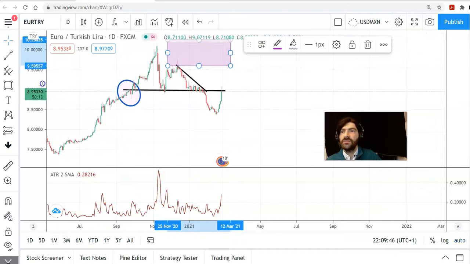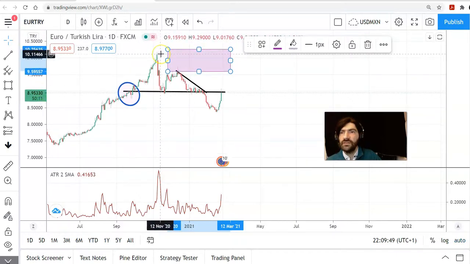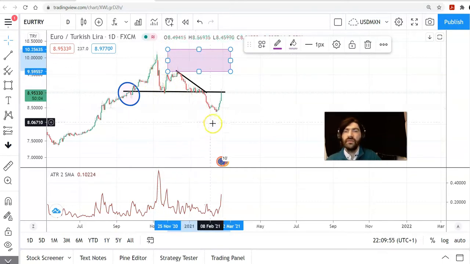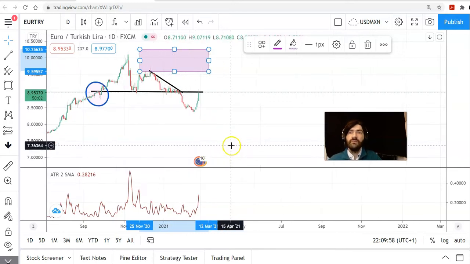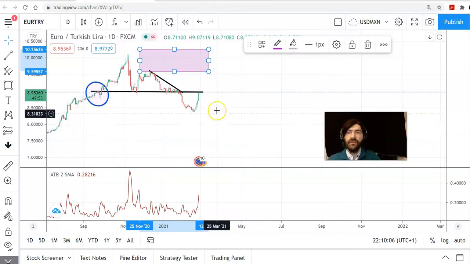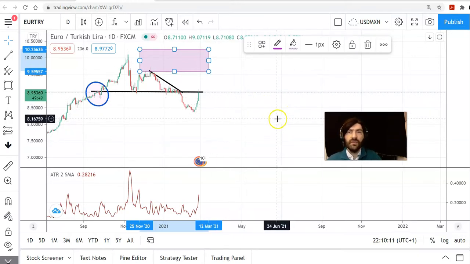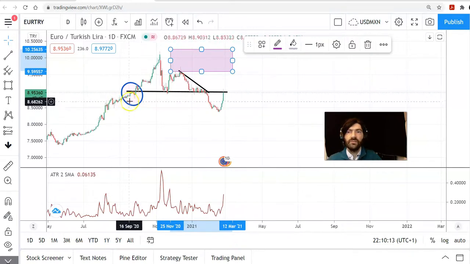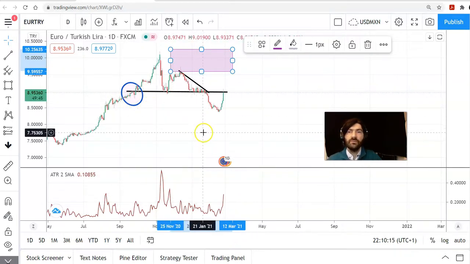That would take us essentially to beyond this high of November, and so we would aim for something like 1025 as our target. Remember that buying EURTRY pairs is very expensive, therefore it's not something to just hold on to if you're a day trader and are not sure that you're going to make a significant return in a fairly short space of time, because there are periods of chop and every day your rollover is negative. So just bear that in mind.